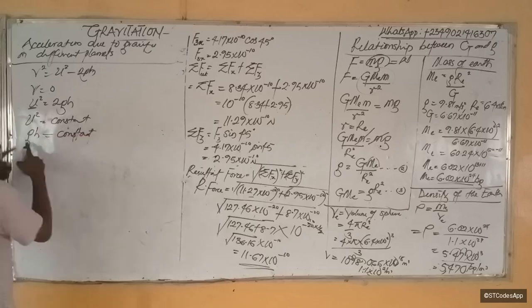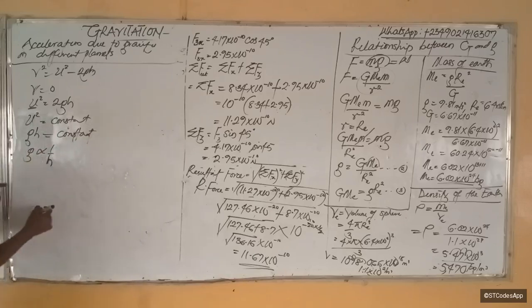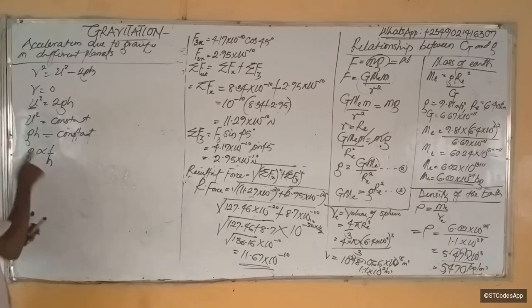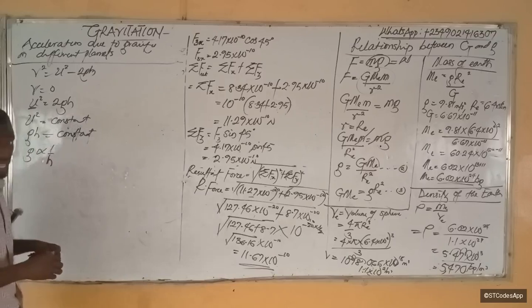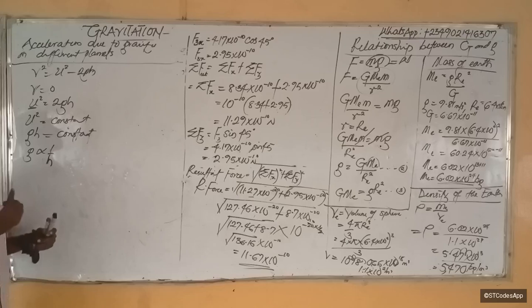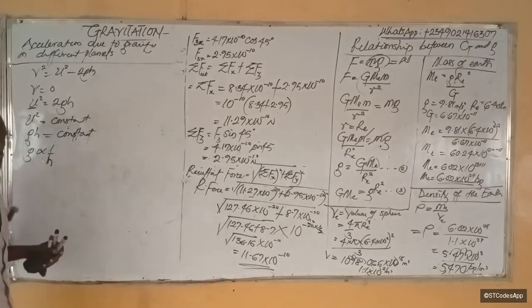What that means is that, according to this relationship, g will be inversely proportional to h. So the height that the body will get to will be inversely proportional to the acceleration due to gravity. And that makes sense, right? The higher the acceleration due to gravity, the lower the height that it will get to, because acceleration due to gravity will reduce how far it will travel. Do you understand?